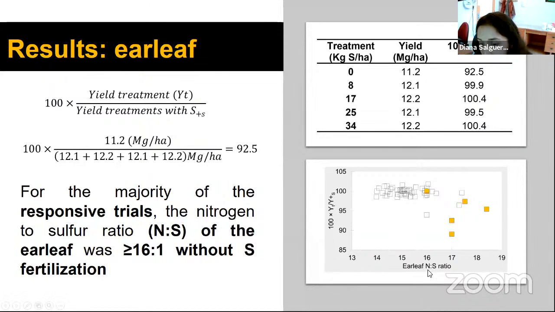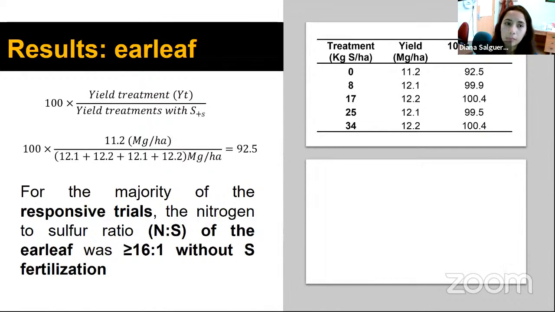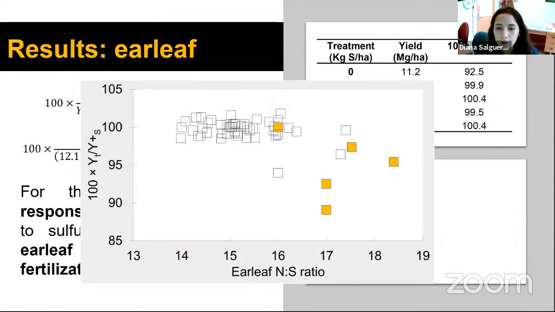So that ratio was a tendency, 16 or greater, but it was not always the case. Oh, sorry, I had this figure bigger for you, and I forgot.